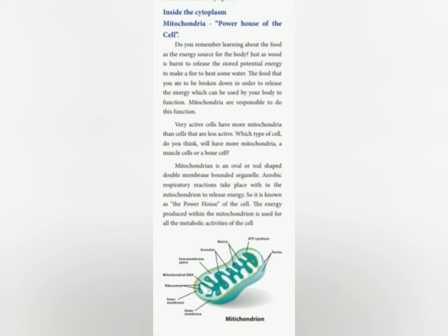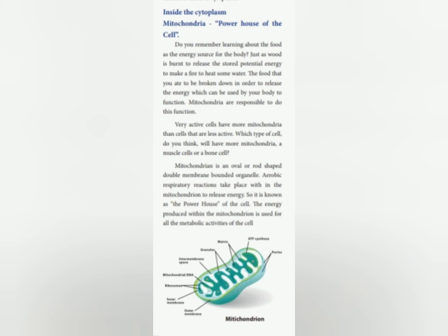The food that we eat is broken down to release energy which can be used by our body to function. The mitochondria are responsible for this function. After digestion, they release the energy for our body functions.